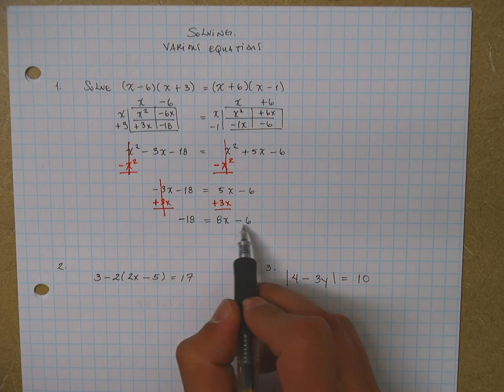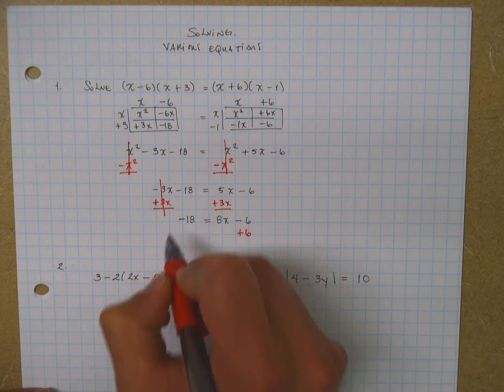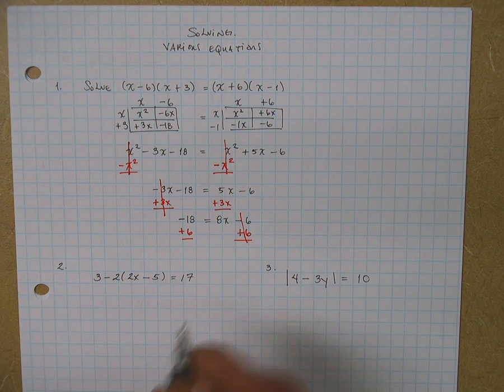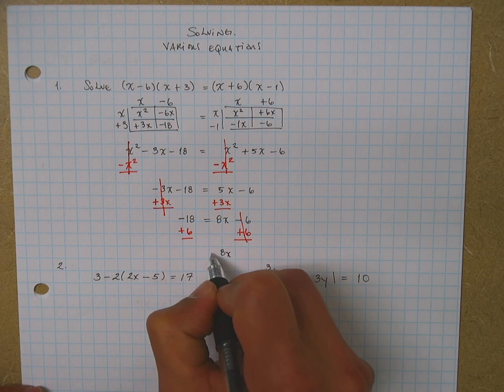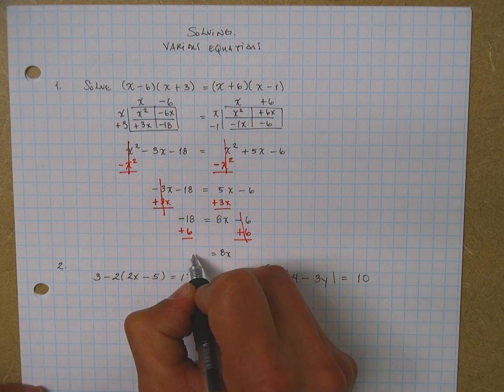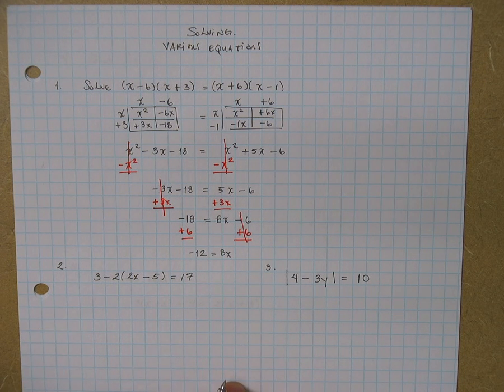Now over here, there's a negative 6. To do the opposite, plus 6 on both sides. Okay, that simplifies out. We're left with 8x is equal to, well, negative 18 plus 6. You should get negative 12. Okay, now we didn't get a whole number when we divide, but that's okay.